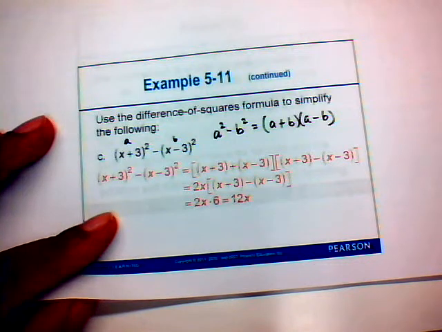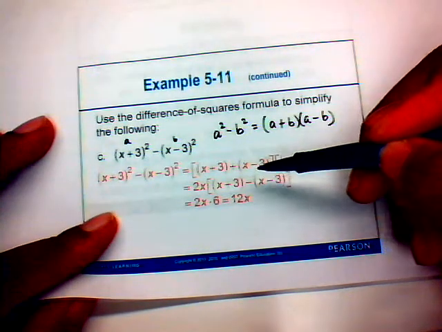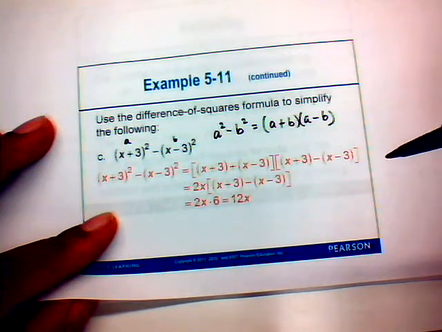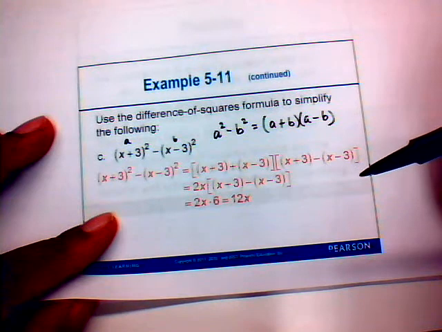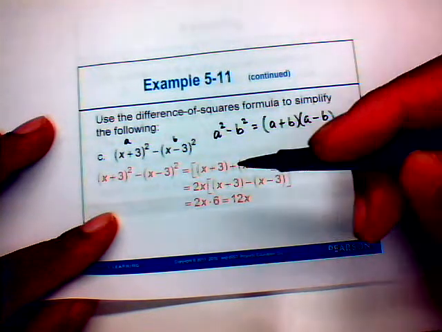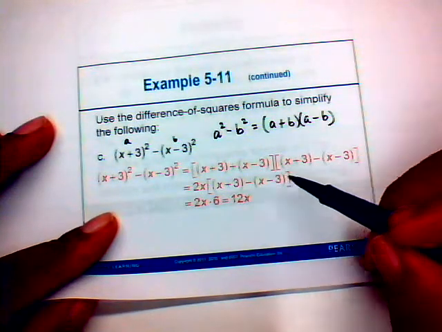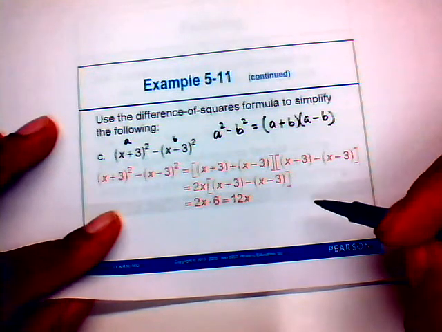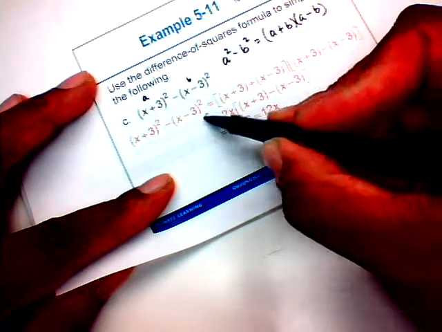Now, if we can simplify this, we got x plus x, which is 2x. Now, the way they did this is a little bit more complicated, so I'm going to rewrite this a little bit here down at the bottom.